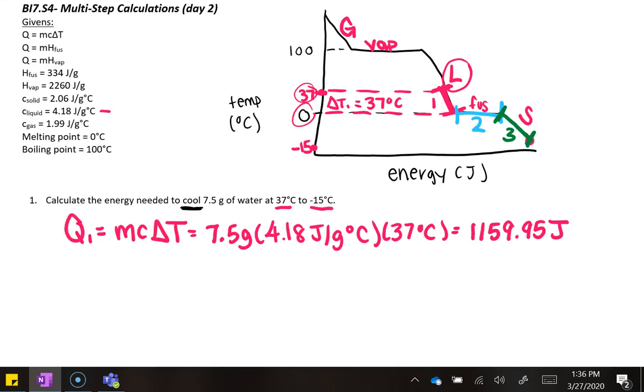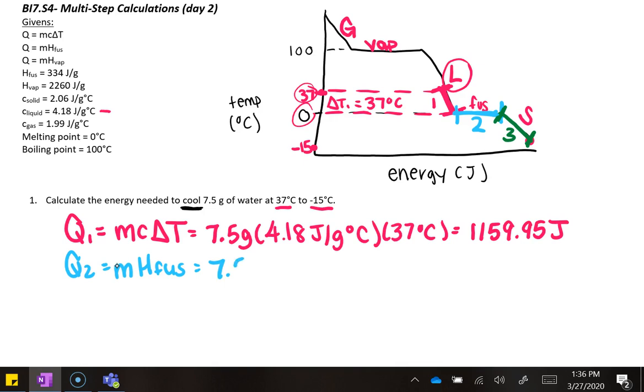Alright, let's go on to segment 2. So segment 2 does not have a temperature change. Segment 2 starts at 0 degrees Celsius, it ends at 0 degrees Celsius, so if there's not a temperature change, I can't use MCAT. We already said that when a substance is changing from a liquid to a solid, I want to use the heat of fusion. So mass times the heat of fusion.